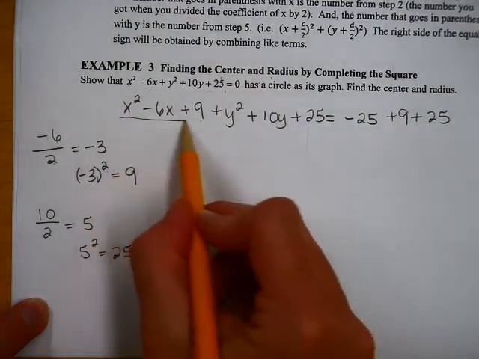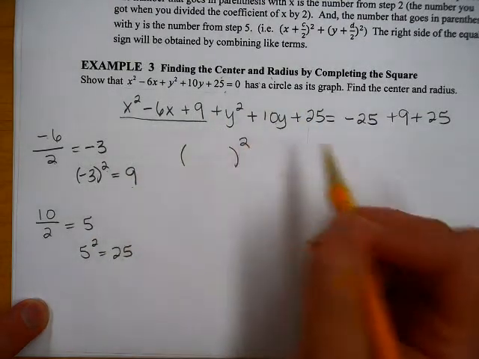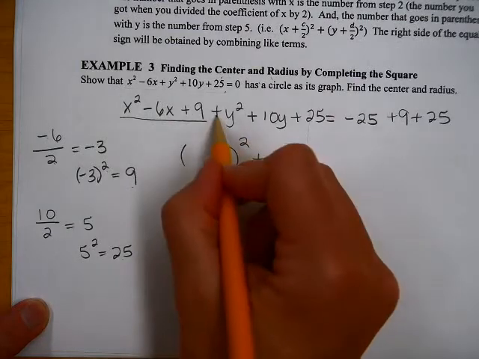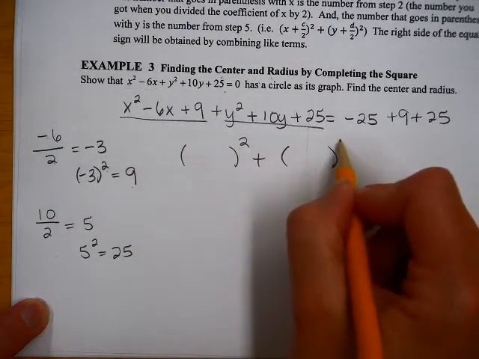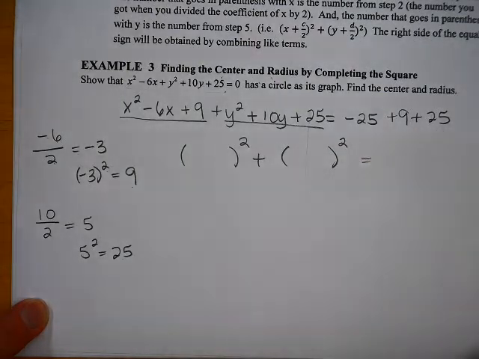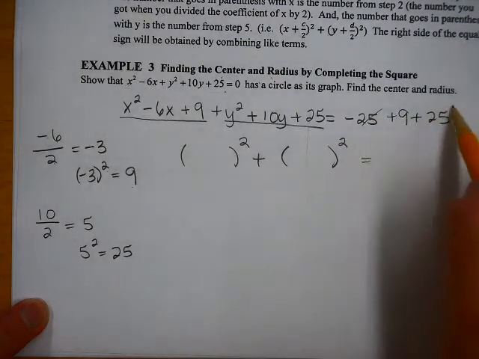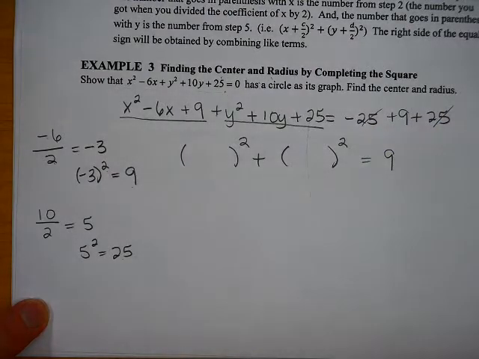Now, these three numbers are going to become a binomial squared. And then I have plus, and then these three numbers are going to become a binomial squared. And then the right hand side, you just add all those numbers up. The negative 25, the positive 25 cancel. You're just left with 9.